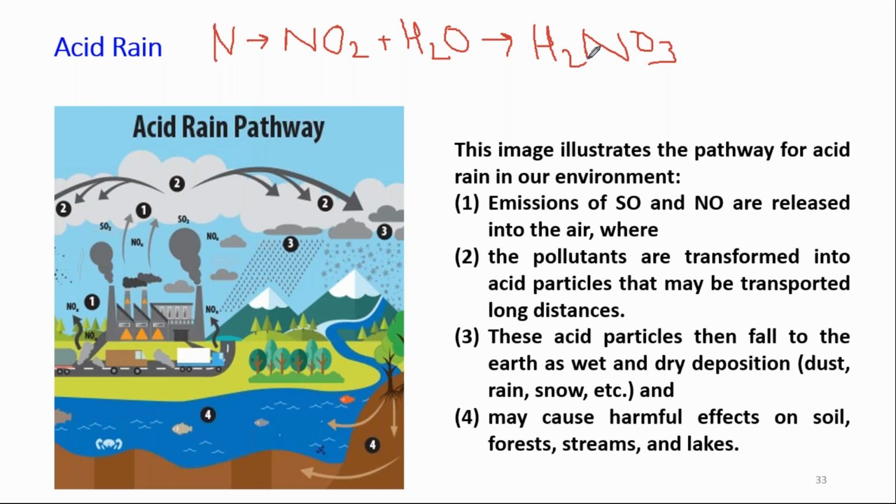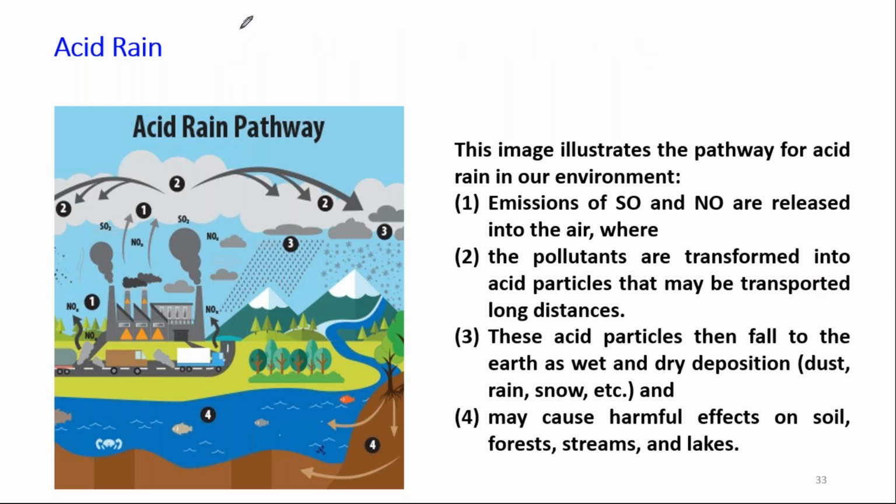So in this way nitric acid is produced, and in a similar way hydrochloric acid, that is chlorine molecules or chloride ions, react with hydrogen and produce HCl in the atmosphere. So the combination of all these acids is nothing but acid rain.